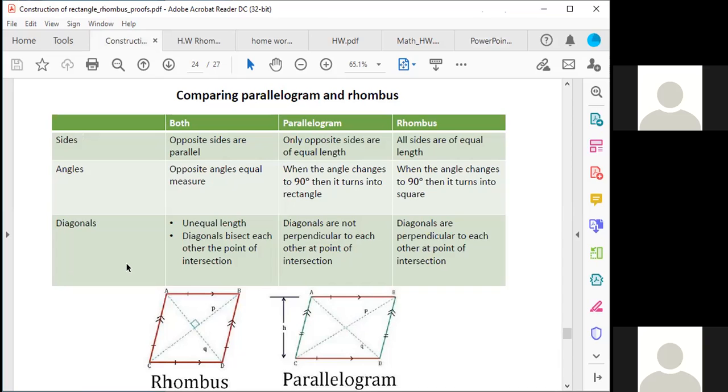Now, you need to be very clear on this. Is a rhombus a parallelogram? Yes. In that case, it is quite possible that a parallelogram may have all four sides equal.